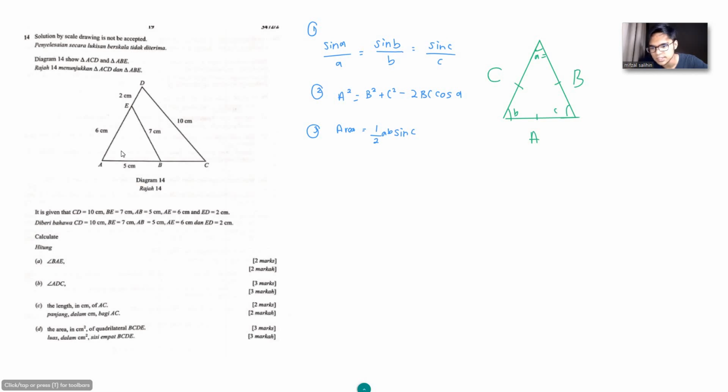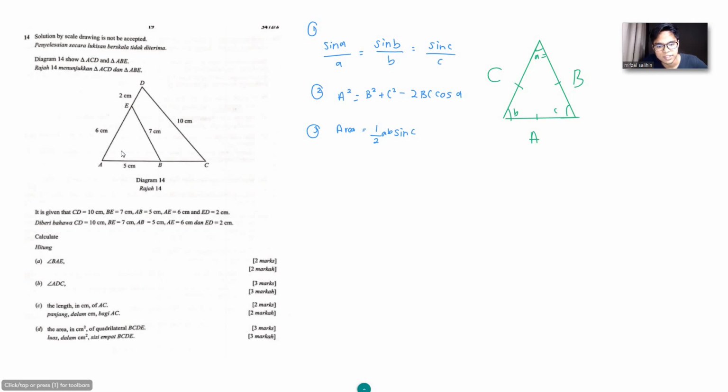Right? In this kind of situation, what we can do is use formula number 2. We know A, which is 7 cm, and we know B, which is 6 cm, and C, we know it as 5 cm. And as I said just now, cos A, lowercase letter a, is the angle.